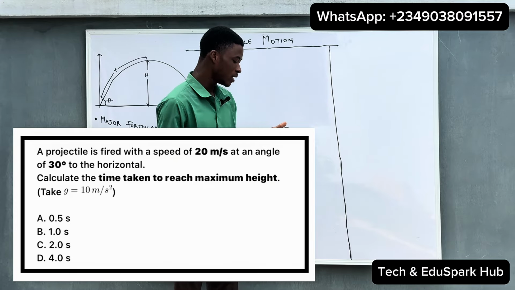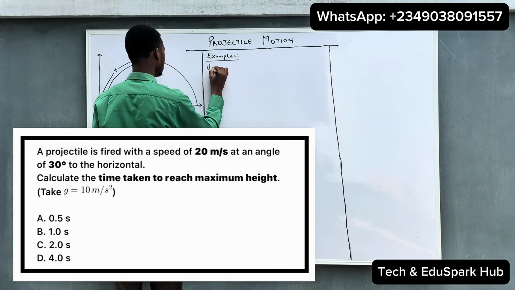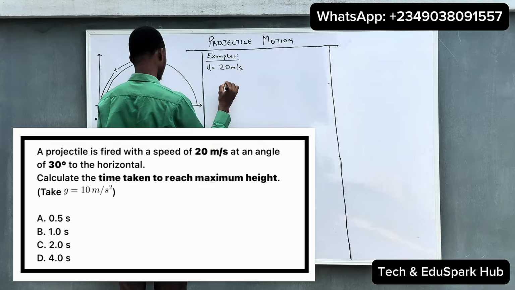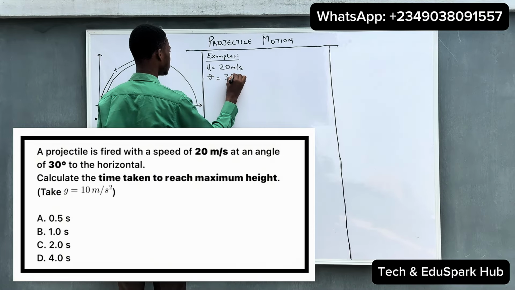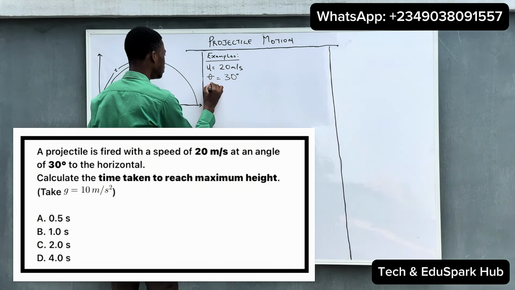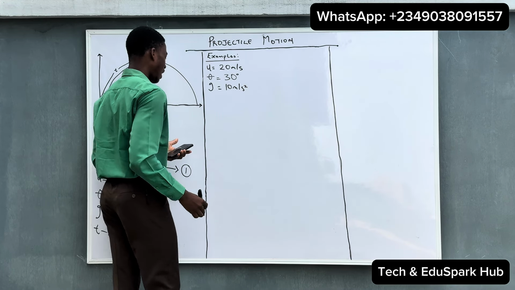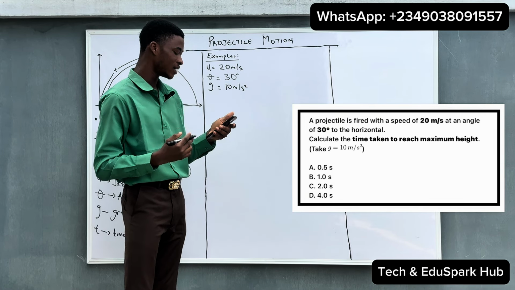We're given the speed, which is the initial velocity, u equals 20 meters per second, and the angle theta equals 30 degrees. Also, g equals 10 meters per second squared. The question asks us to calculate the time taken to reach the maximum height.